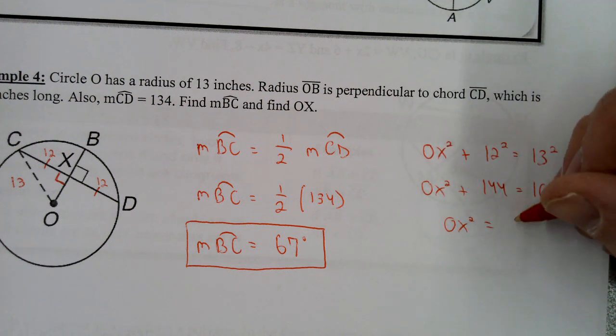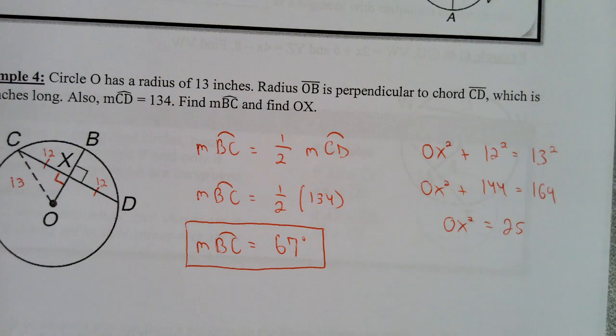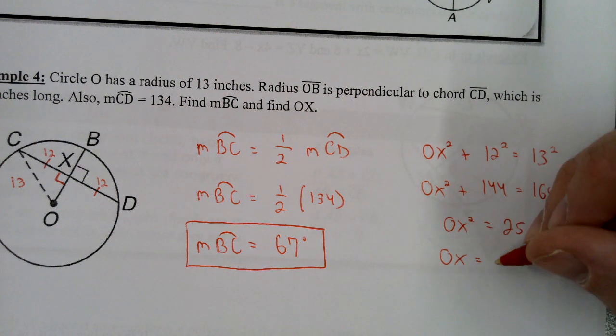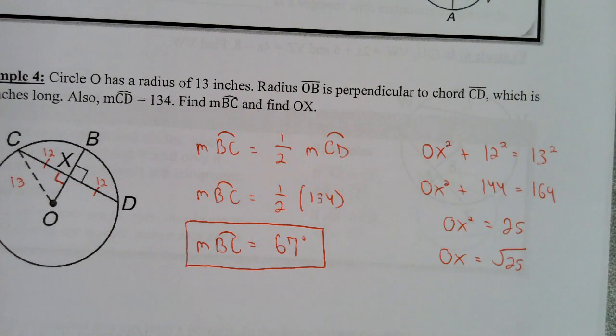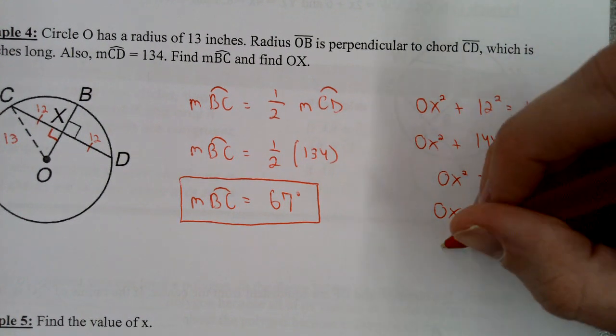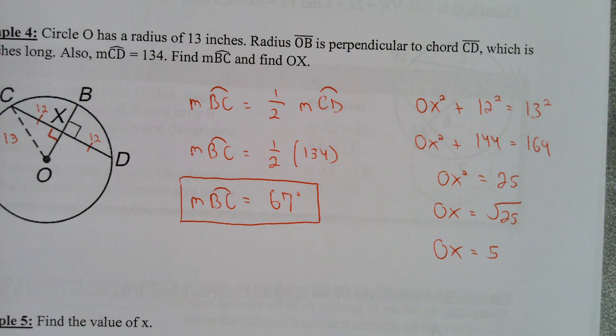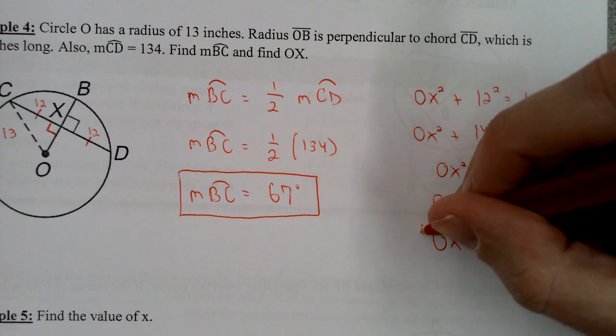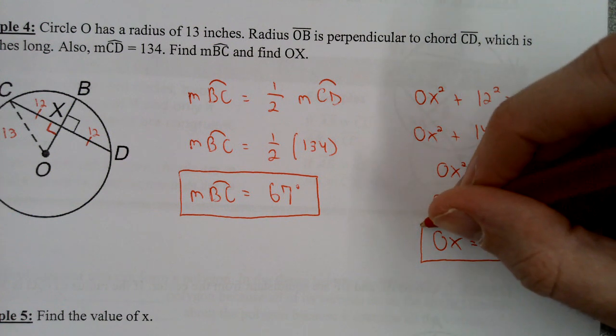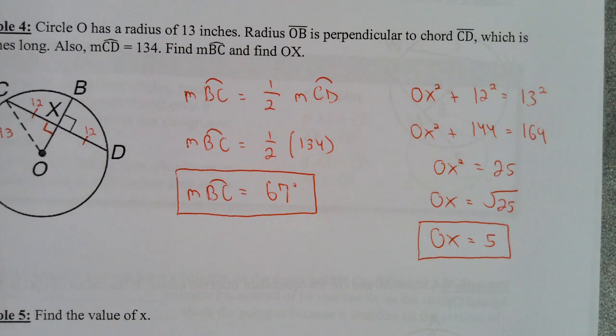OX squared equals 25. Square root. You only want the positive one. We don't want a negative distance. OX equals 5. And that's the answer. If you have the Pythagorean triple 5, 12, 13 memorized, you don't have to do the Pythagorean theorem. You say OX is 5 right away.